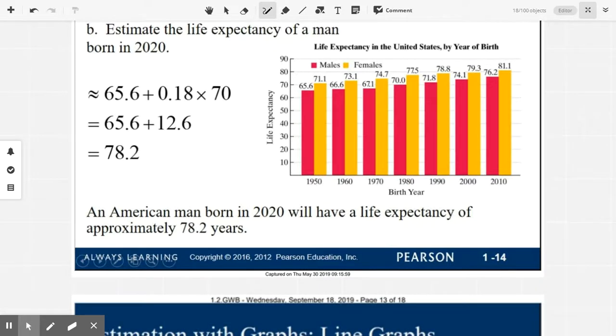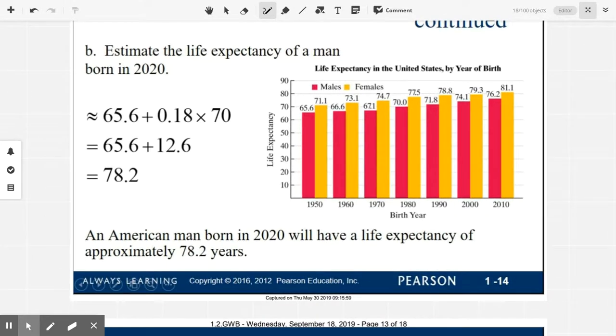Notice they did it a little bit different. They multiplied it by 70. Well, where did they get this 70 from? Look what they started with, 65.6, which was in 1950. All right. If you add 70 years to that from 1950 plus 70, where are we at? 2020.